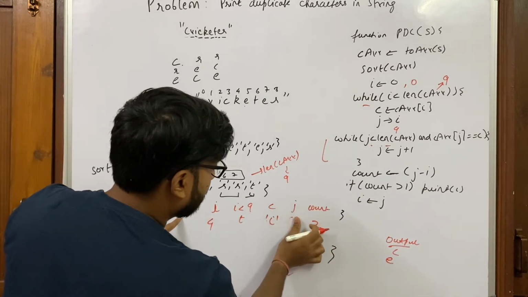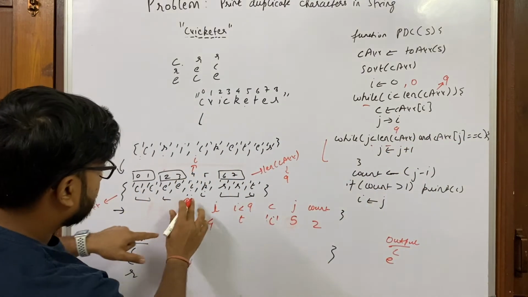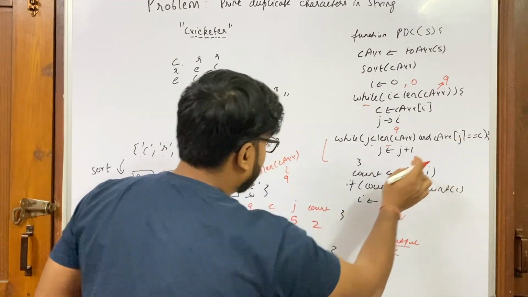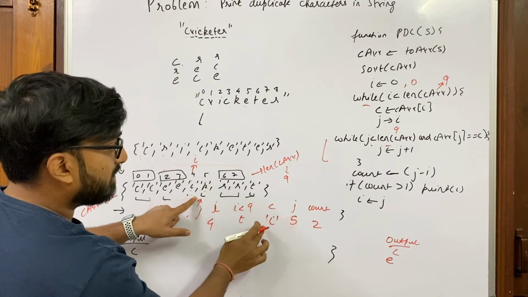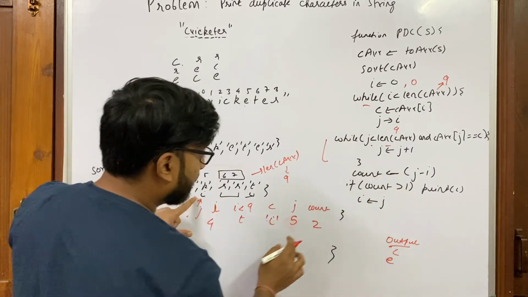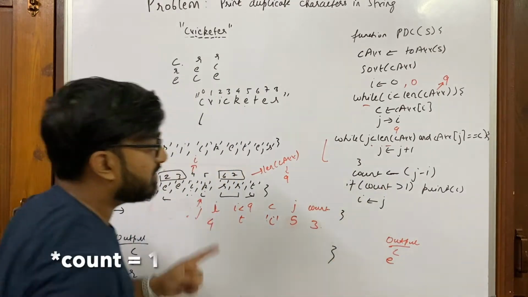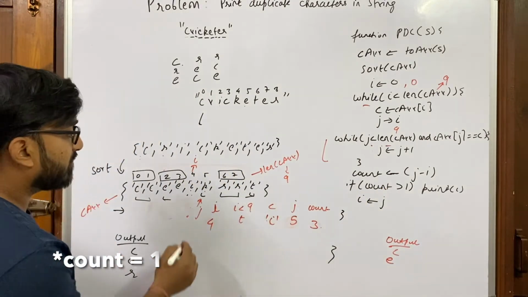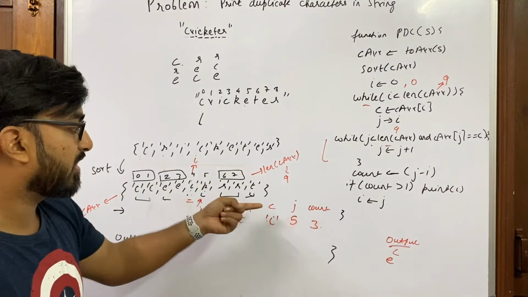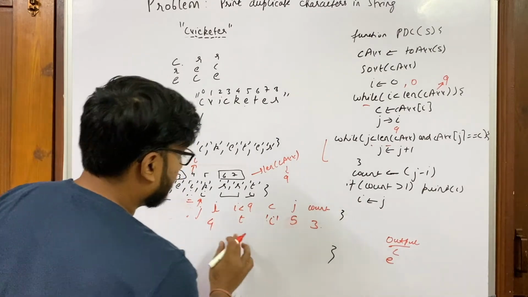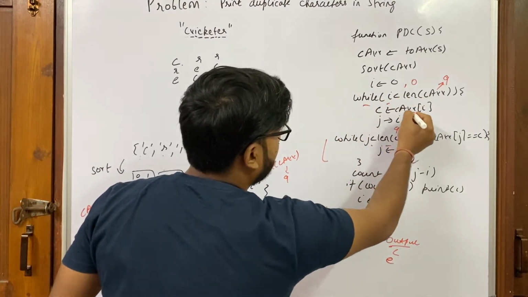You do J plus 1, J becomes 5. 5 is less than 9 is true. CARR of J is K. C is I. K is not equal to I, so you move out. So you say count is J minus I, 5 minus 4, count is 1. Count is not greater than 1, you don't print anything. So basically you counted how many times this I appeared in this array. You set I to J, I becomes 5. Go back to check this. 5 less than 9 is true. C is CARR of 5.